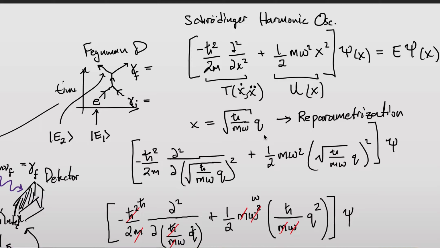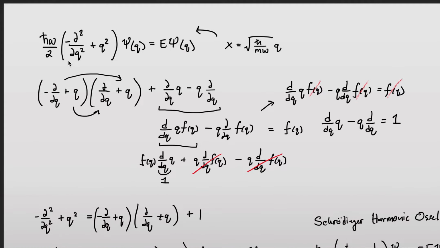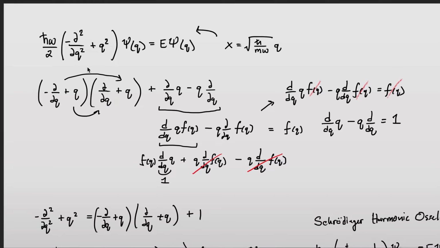We said that Q is a proxy for this spatial variable x, and we just put all these constants out in front of it. And by doing that, we arrived at this equation right here. And then from this equation, we've managed to place creation and annihilation operators in it just by rewriting it a little bit. But this right here is an important equation.